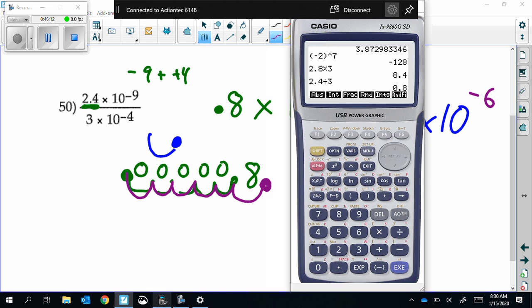Your calculator can do some of this stuff. If you type this in, it'll help out a little bit. Here's a little 10 to the exponent. So that's scientific notation.